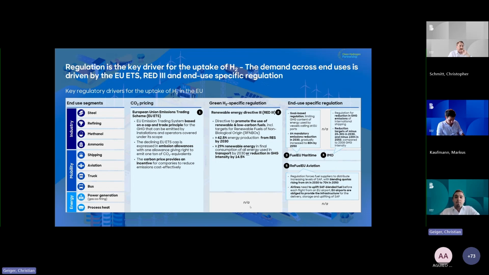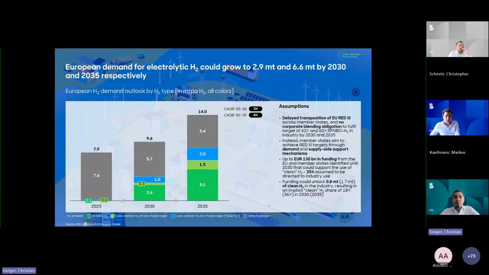Now, considering the regulations and the regulatory pathway going forward until 2035, we have prepared our forecast, which is based on these regulations and the corresponding quotas. Here we're looking at the hydrogen demand overall in Europe, split by the color of production pathway.